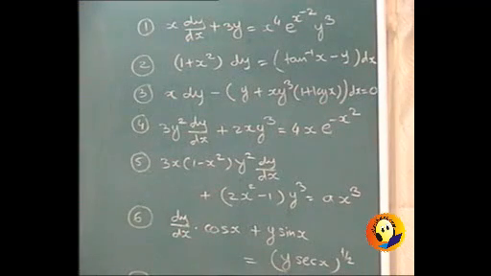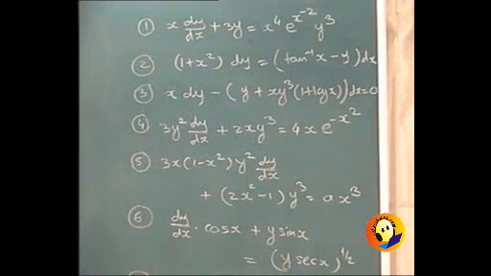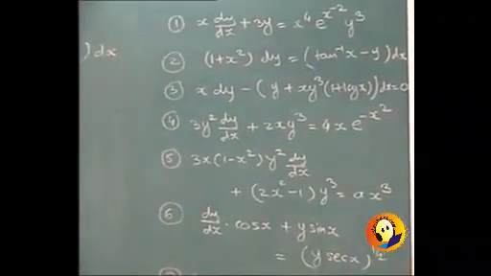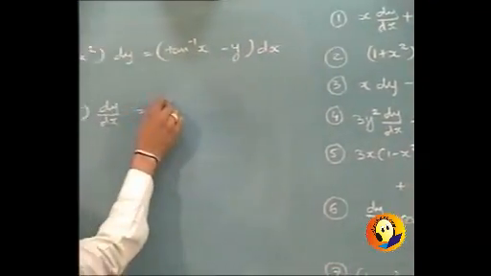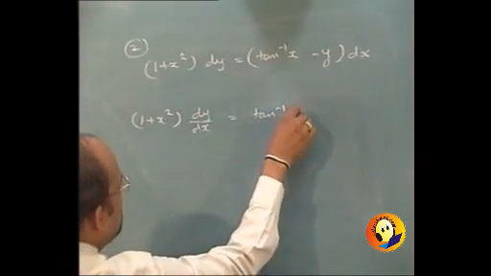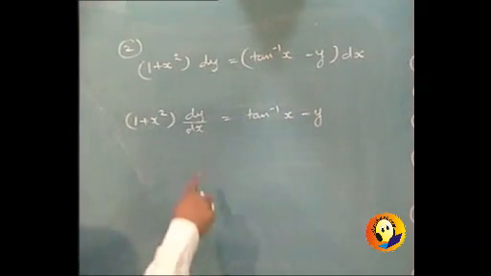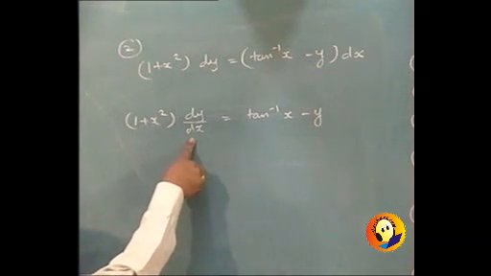So problem number 2, which is 1 plus x square dy equal to tan inverse x minus y dx, is to be rewritten first of all as 1 plus x square dy by dx equal to tan inverse x minus y. Our form is dy by dx plus py equal to q.